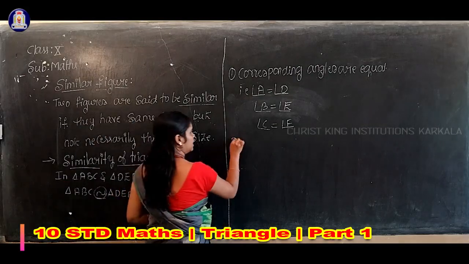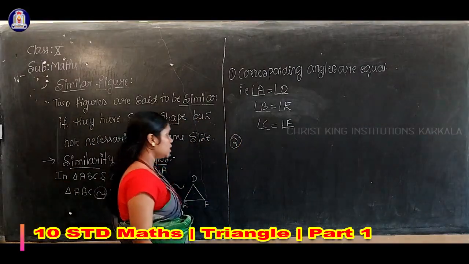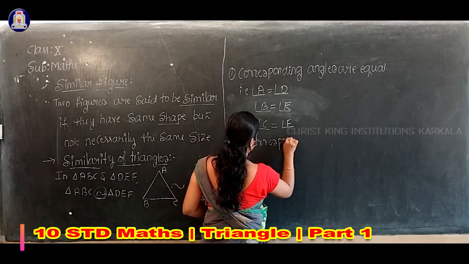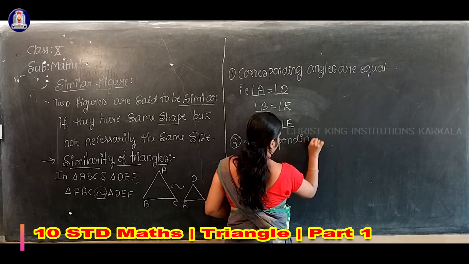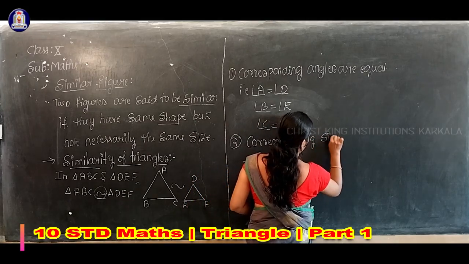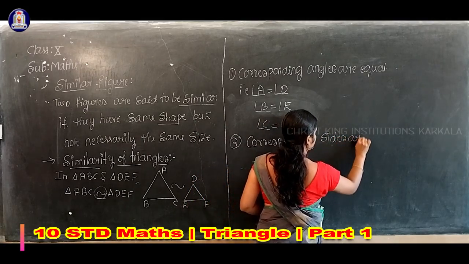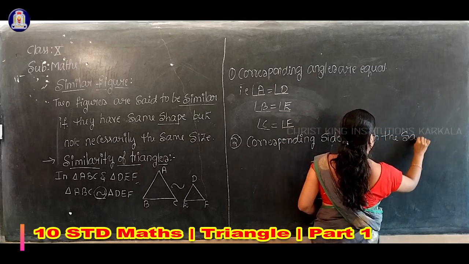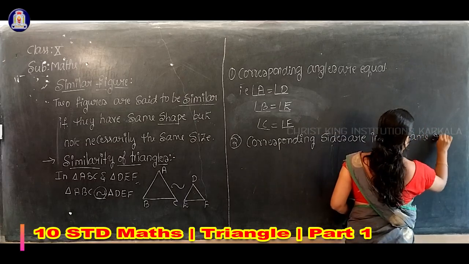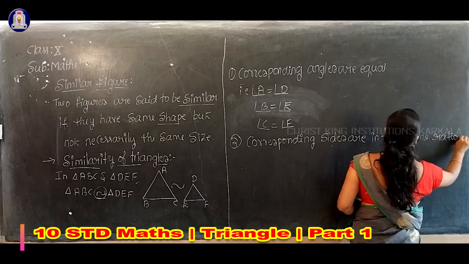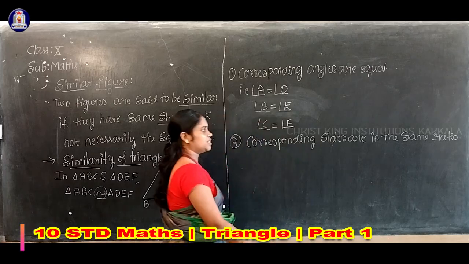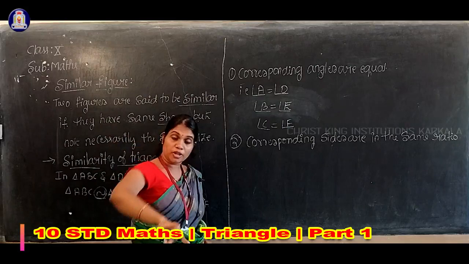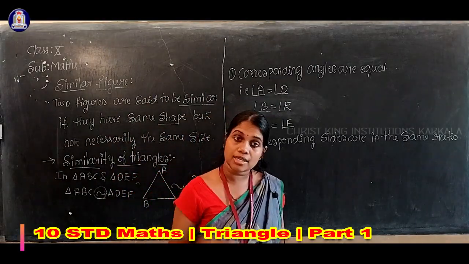What about the second condition? Corresponding sides are in the same ratio. In the congruency of triangles, corresponding angles are equal as well as the corresponding sides.